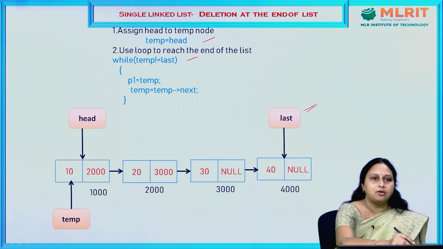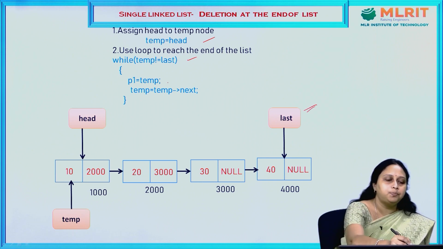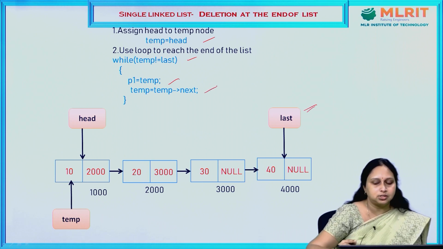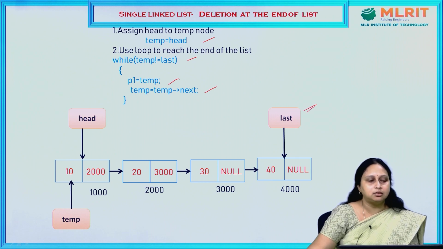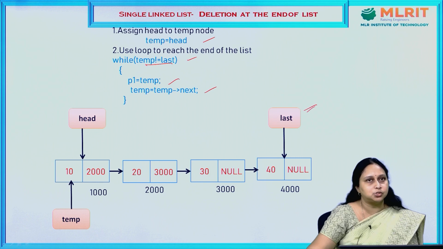Until then we have to traverse, and when I move temp to the next location, I point another new variable called P1, that is P1 equal to temp. We are storing the reference of temp in P1. Then temp equal to temp arrow next. Now temp moves to the next location. This has to be done repeatedly until temp reaches last.